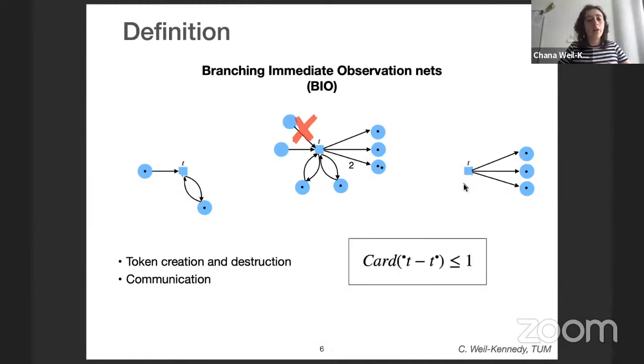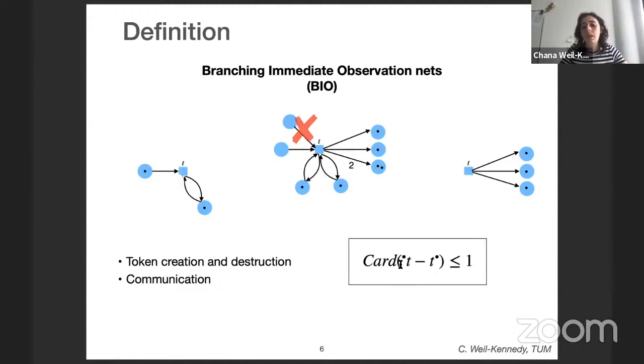So all of these cases are subsumed in this equation, where this dot T is called the preset of transition T, and this is the post set of transition T, and they're multi-sets.